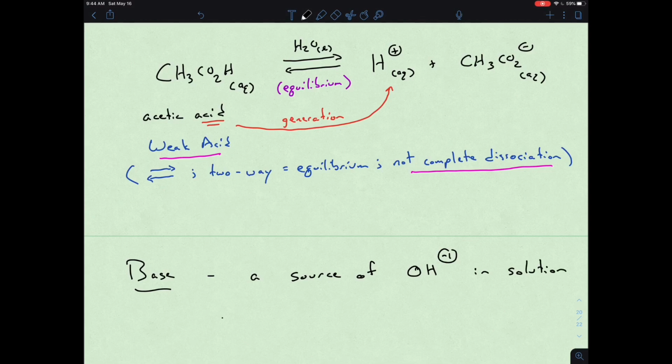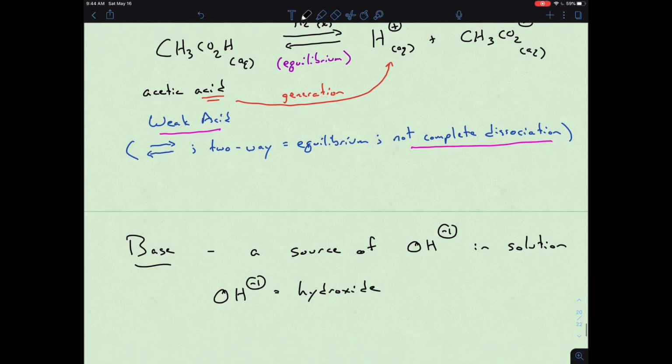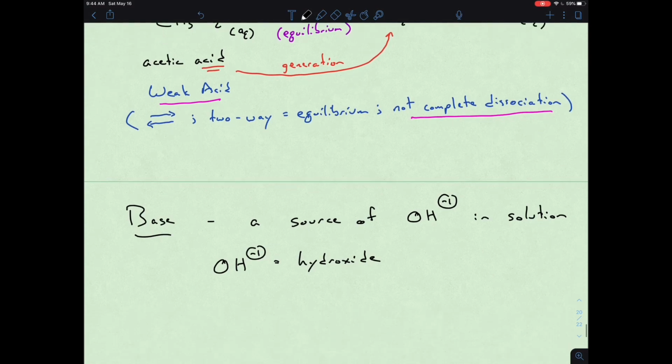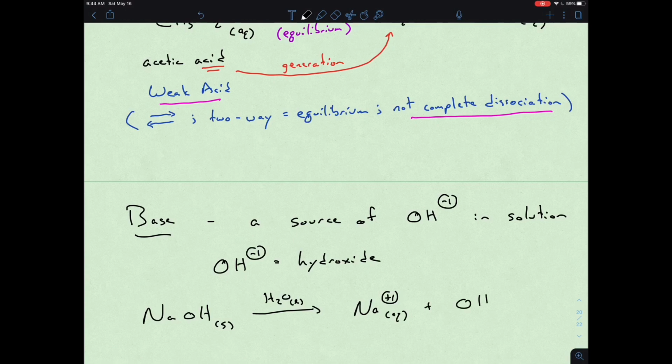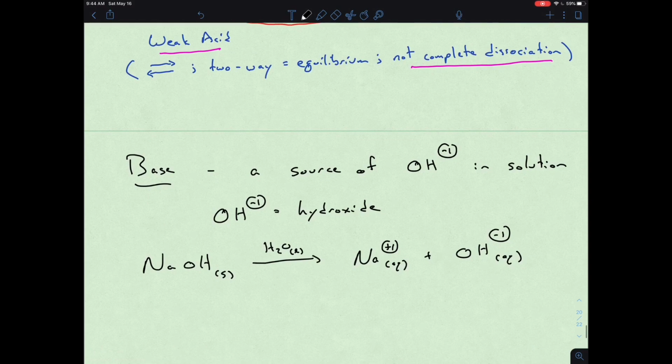So remember OH minus, this is one of these polyatomics that we utilize, and sodium hydroxide, which is a solid. If we put it into water, we generate sodium plus 1, and then hydroxide minus 1. So there's our example of a base.